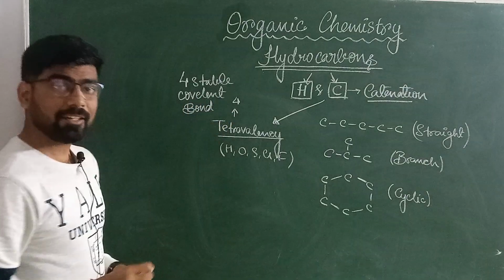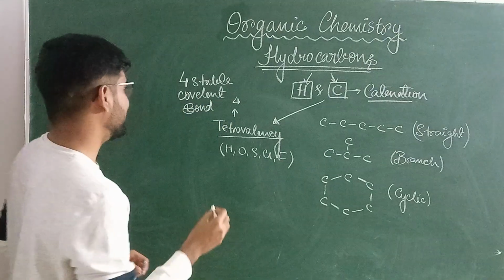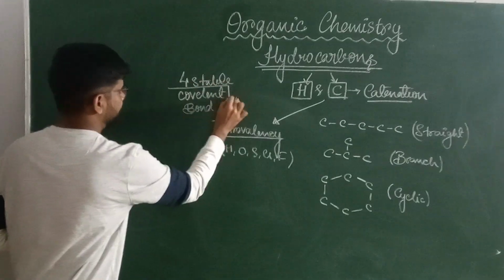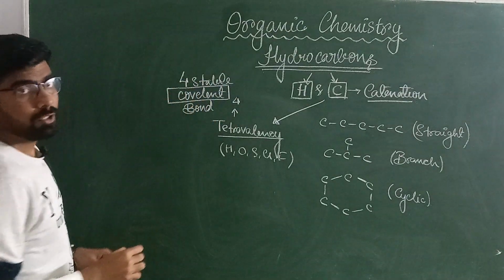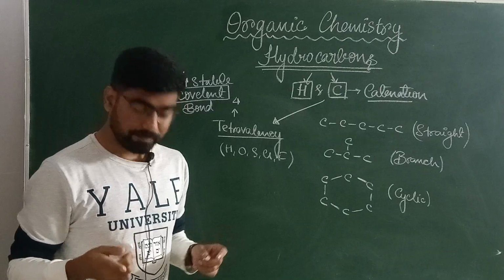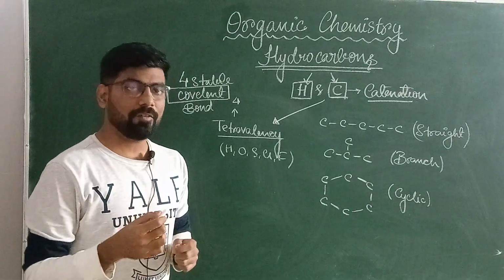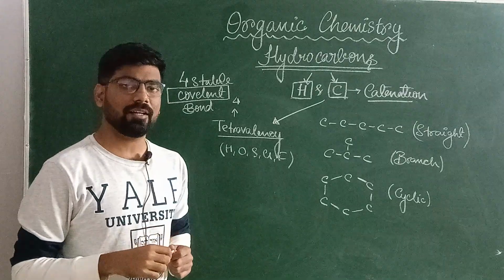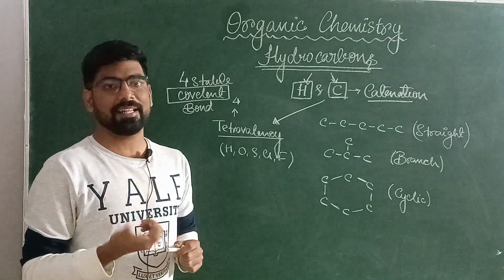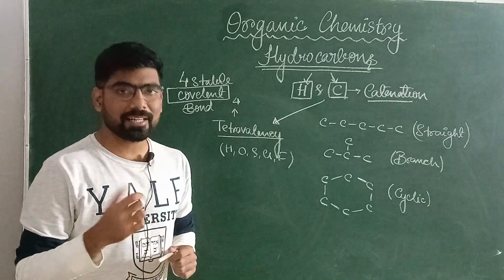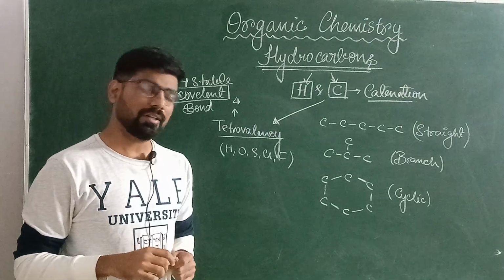So what is the nature of bonding in the organic compounds? That is covalent. So you can understand that the properties of the covalent bond will be the same as the properties of the organic compound. They have low melting and boiling points. They are bad conductors of heat and electricity, so on and so forth.